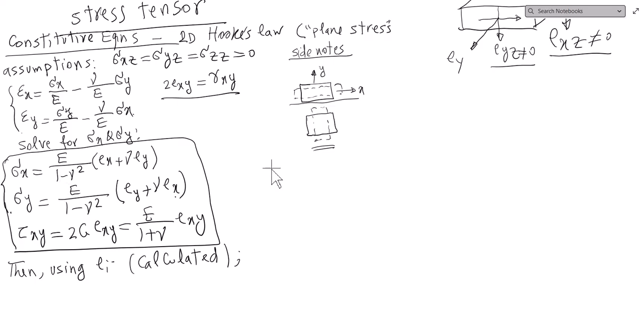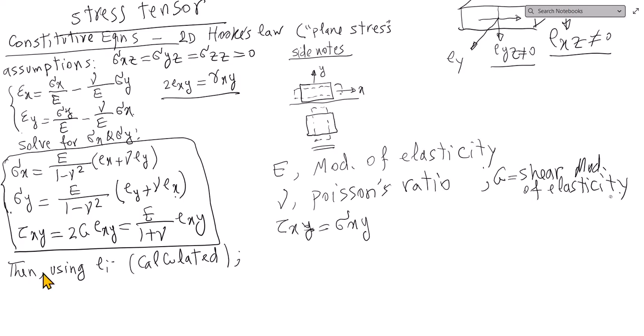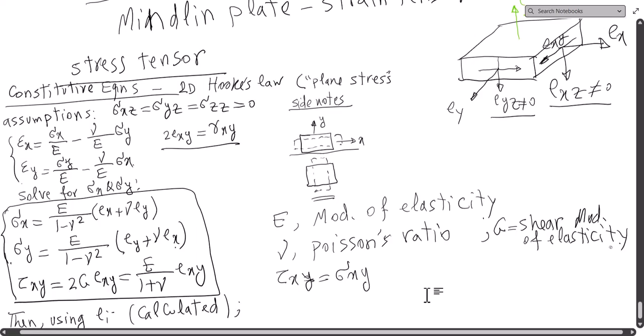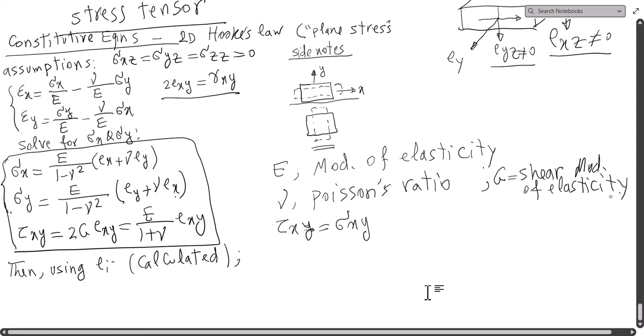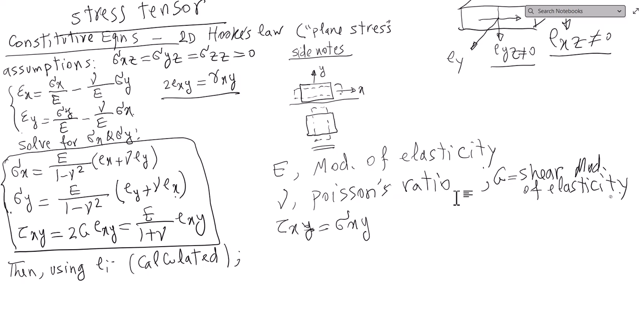So E is, sorry about that, my notes stopped responding. But E is the modulus of elasticity, mu is the Poisson ratio, and tau xy is the same as sigma xy, a change of notation. Sometimes we use tau for shear, and G is the shear modulus of elasticity.